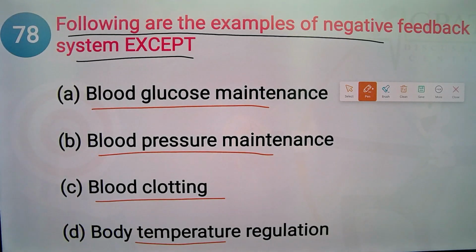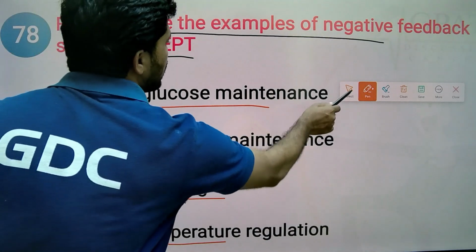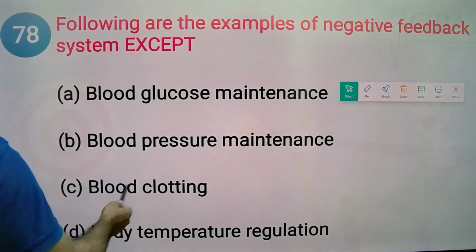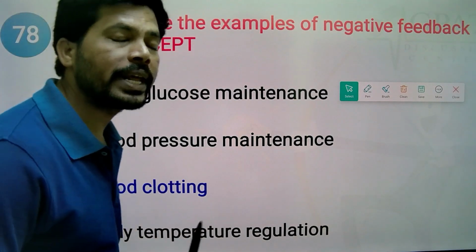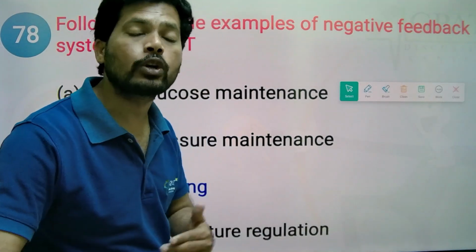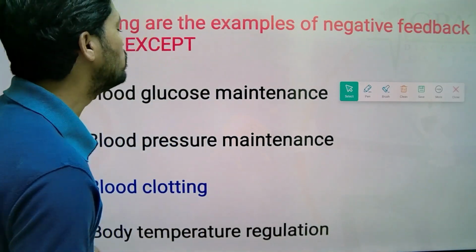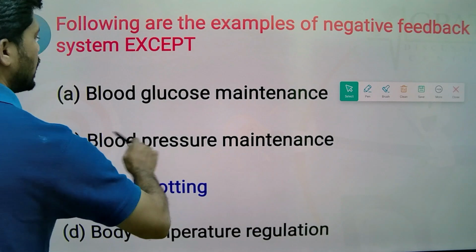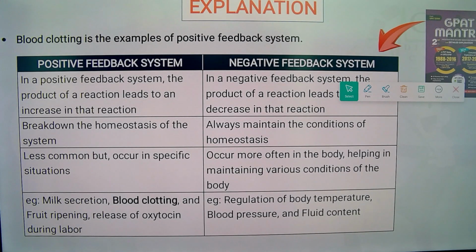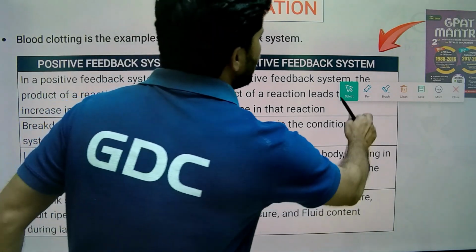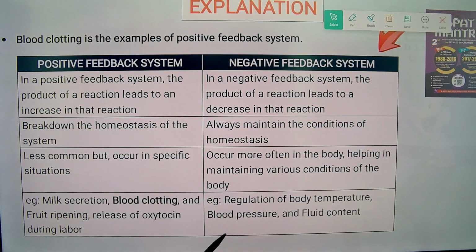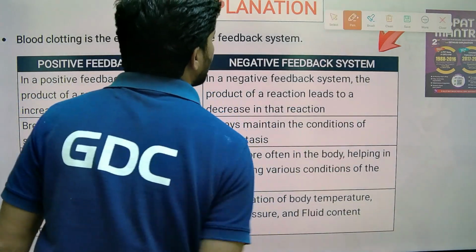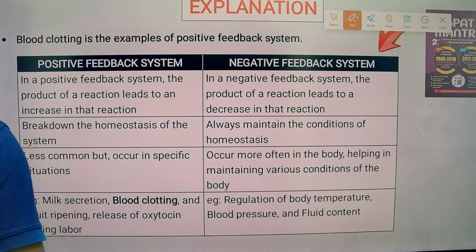By comparing the options, the answer is simply blood clotting. Blood clotting is not an example of negative feedback. It should be promoted during bleeding or any injury condition, so this is a positive feedback mechanism. These are basic things you already studied in your first semester anatomy.